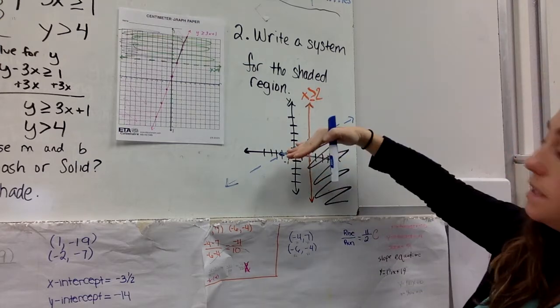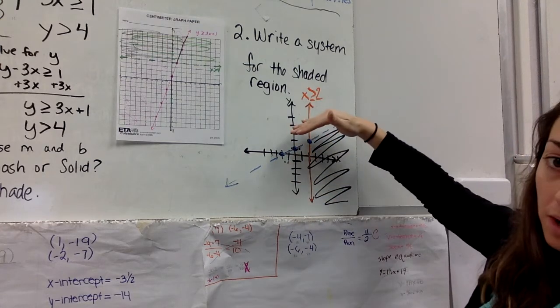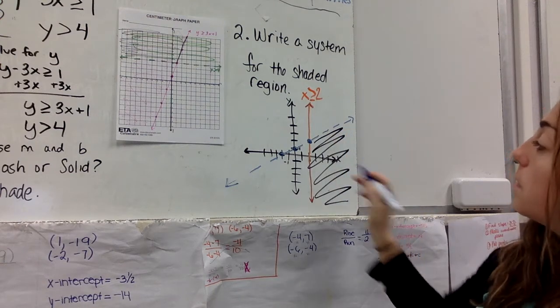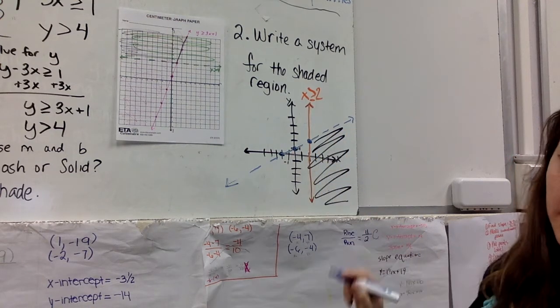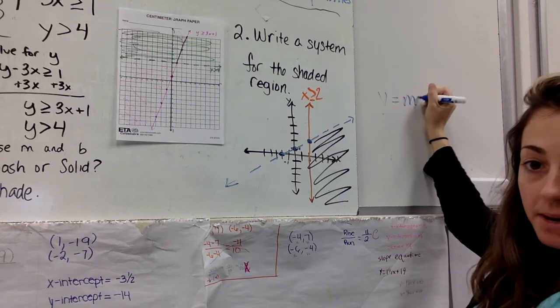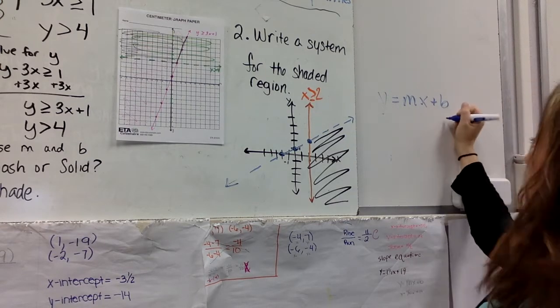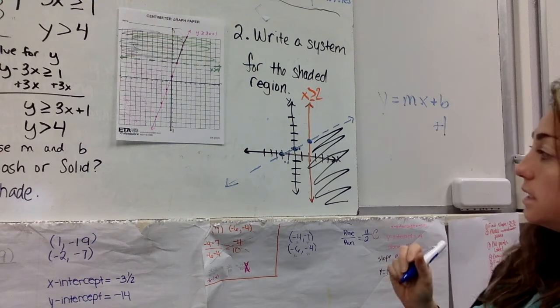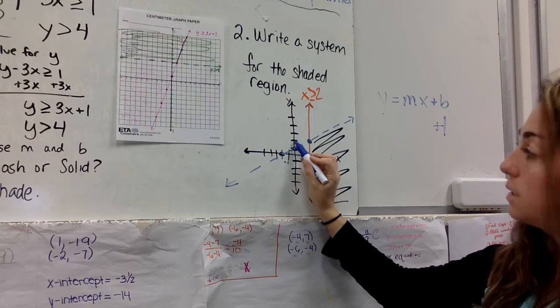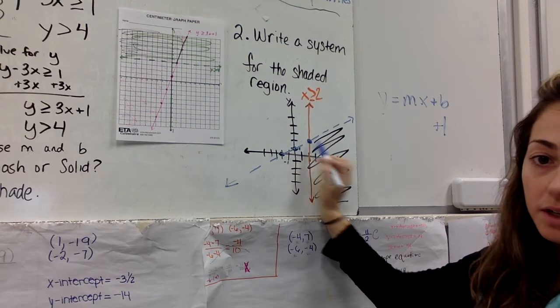Okay, the blue line makes the shading go below, but let's first worry about the line. Well, what's my y-intercept? It's right here at 1. So I know for y equals mx plus b, my b is 1, and it's positive. And now I have to figure out my slope. Well, from here, I'm rising 1, running 2.